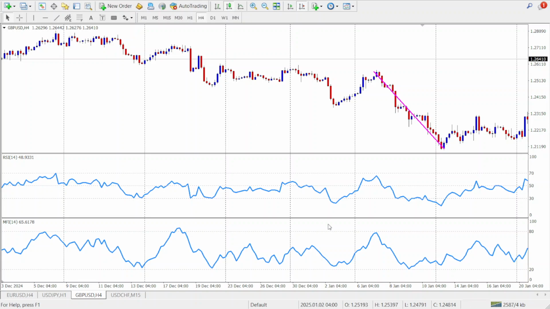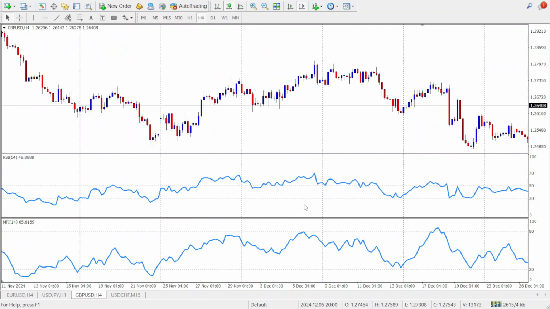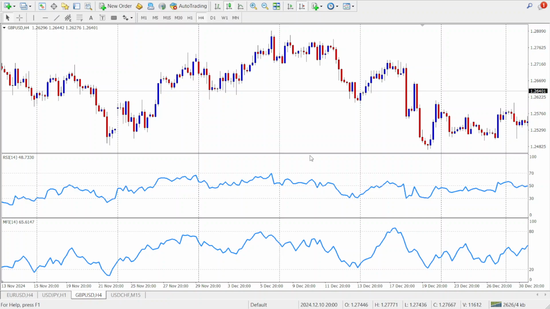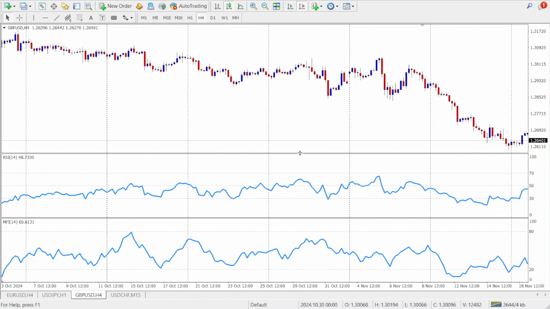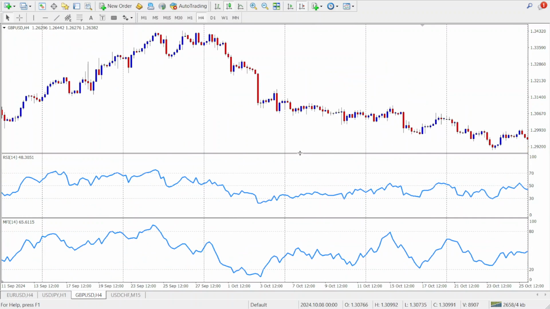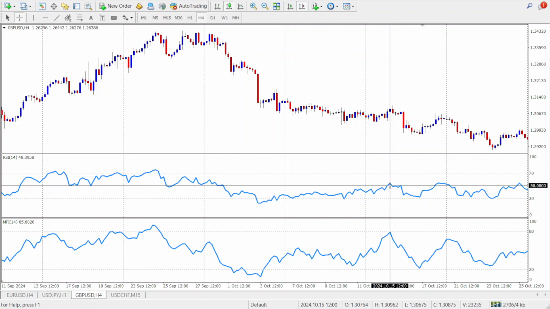Now compare that to a scenario whereby one indicator was giving us a signal and the other indicator did not confirm it. Look at this. The MFI was in overbought territory coming down, while the RSI was not. In fact, RSI was around the midpoint.